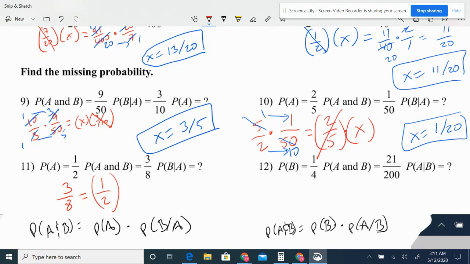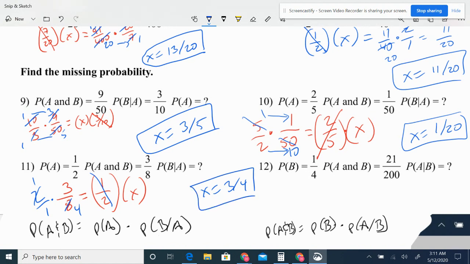Probability of B given A is X, 'cause I know it is. So in order for me to solve for X, I'm going to divide by 1/2, which is basically multiplying by 2 over 1. So I simplify, and I'm going to get that X is equal to 3 over 4.